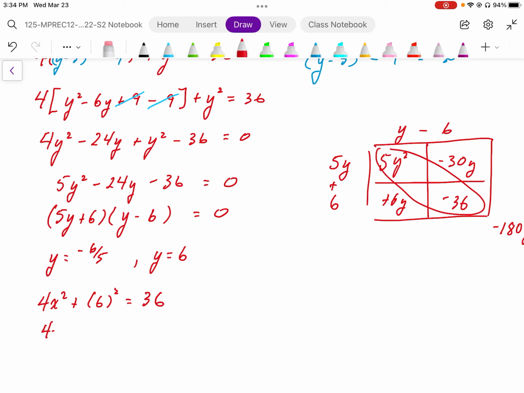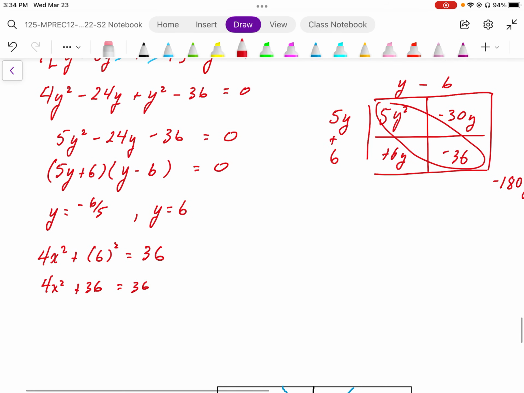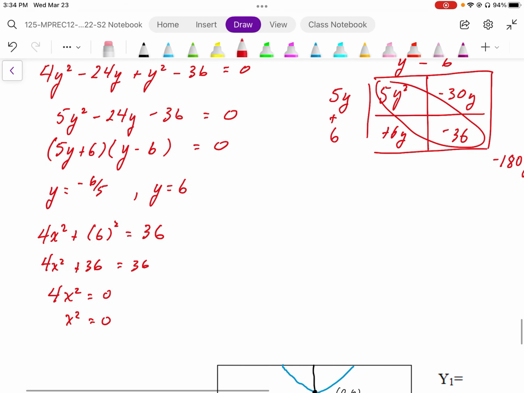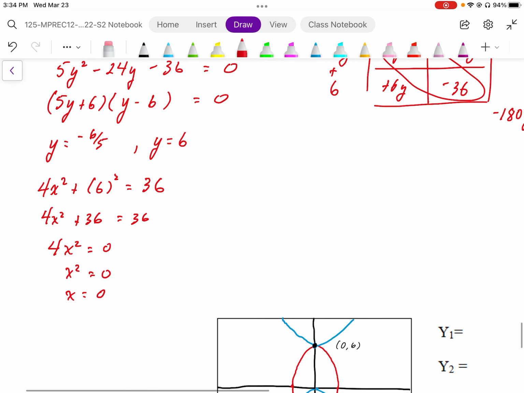Okay, so we end up with 4x squared plus 36 equals 36. Well, that's going to make our x equal to 0. So one solution is going to be at (0, 6).